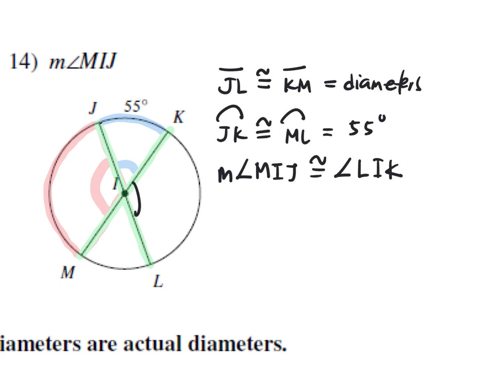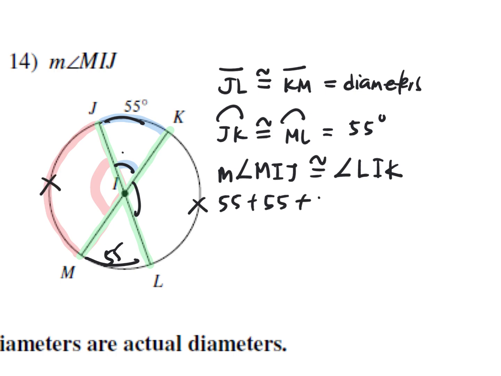So let's find that out. So this is 55 degrees. That's 55. It means to say this is also 55. So we have 55 plus 55. And then we're going to call this x and then another x again in there.